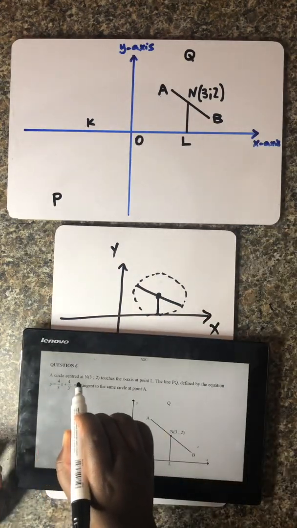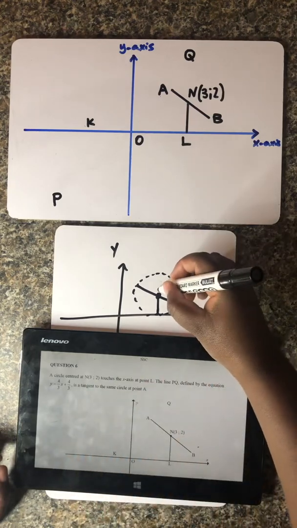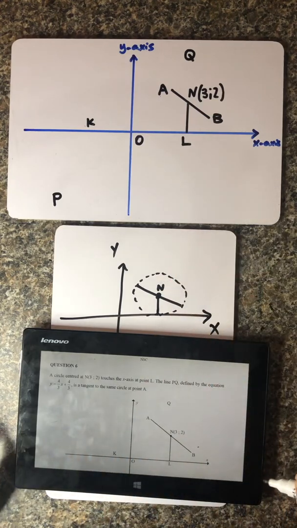A circle centered at N. So this is N, which means it is the center of that circle.